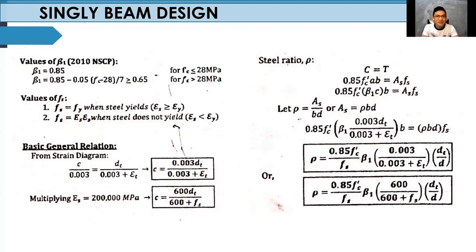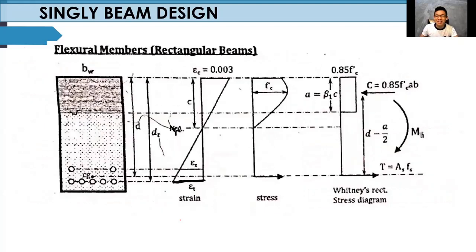Okay ba? So, next is our steel ratio. So, kanina sa ating graph, diba, sabi ko na we need to equal or to balance that one para walang moment. So therefore, our C or compression na force must be equal to our tension na force.